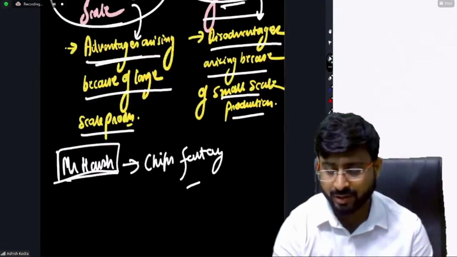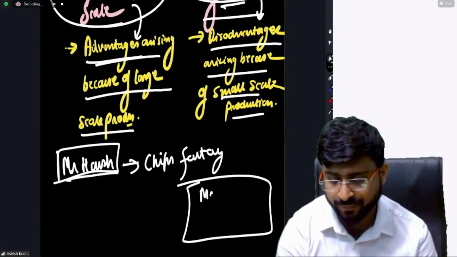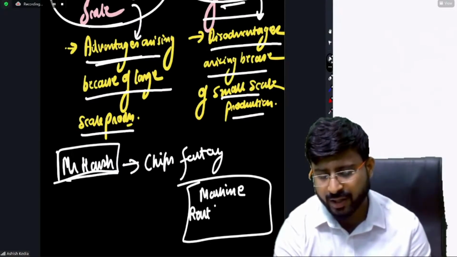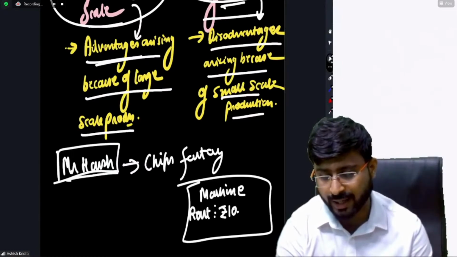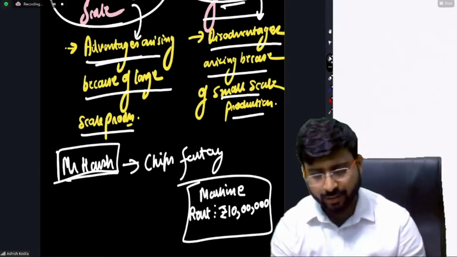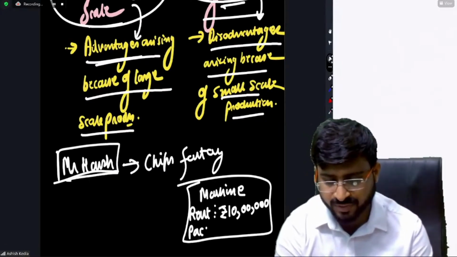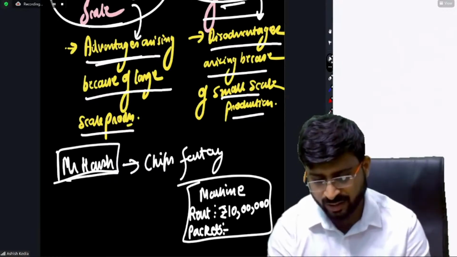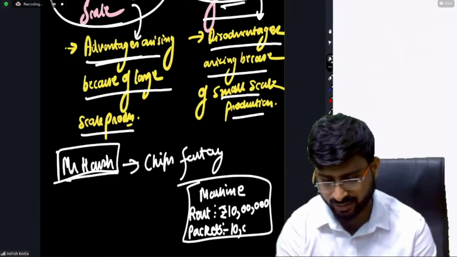Now, the machine he has rented, the rent per year that has to be paid is rupees 10 lakhs. And the packets of chips that this machine can make in a year is, let's say, 10 lakh packets.